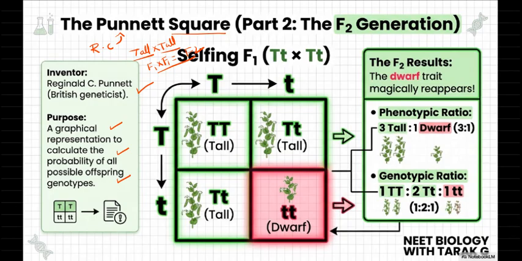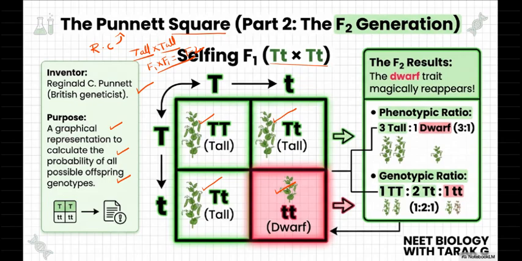Capital T small t crosses with capital T small t. Now in the square, capital T capital T is the homozygous tall, capital T small t is the heterozygous tall, and the same for the other Tt. The last one, small t small t, is the dwarf plant.